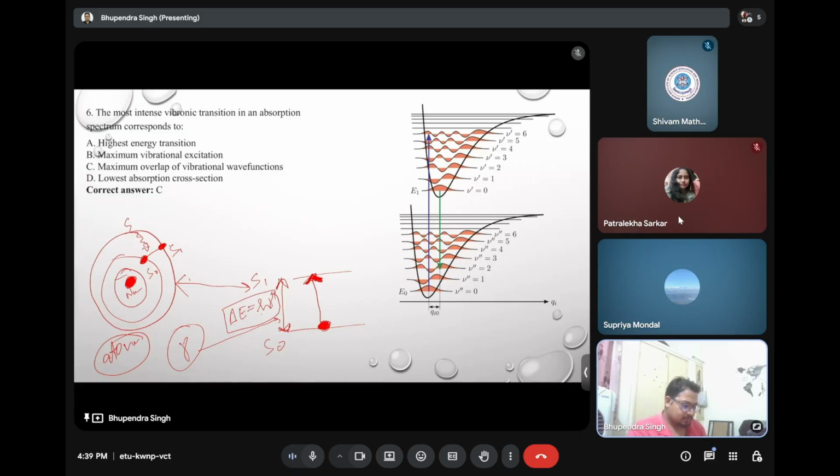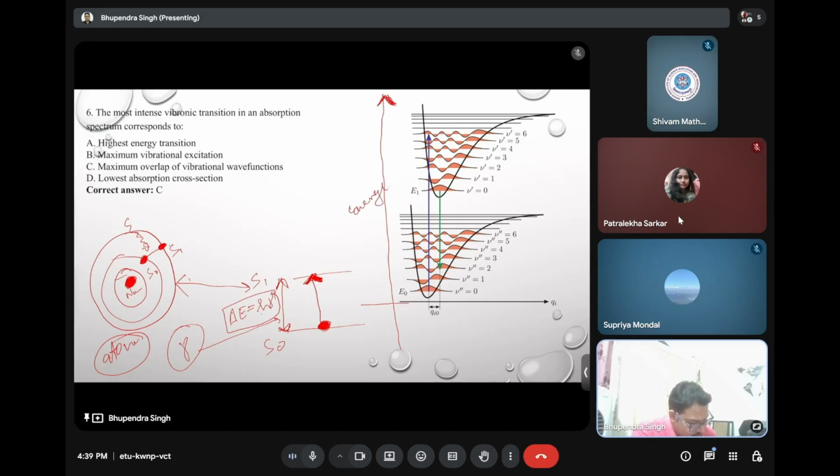Okay, tell me for one thing also. Whatever this graph is there, no? This graph. What is the y-axis? Energy, yes.